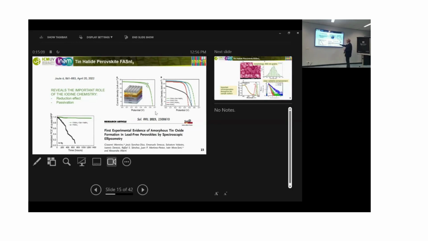Also recently, we evidenced the origin of this stability or instability. At the end, of course, the material turns into the appearance of tin oxide formation from the surface, and then this is the origin of the final composition of the material after many days.